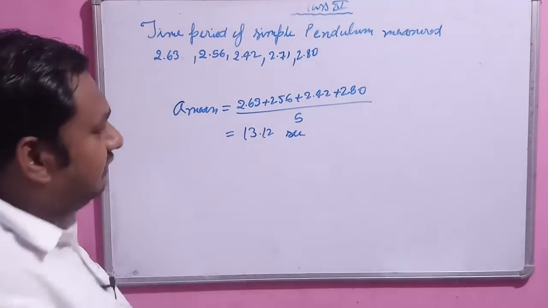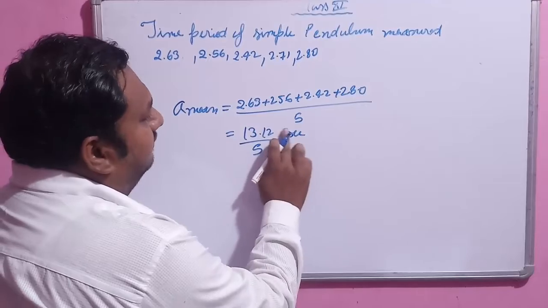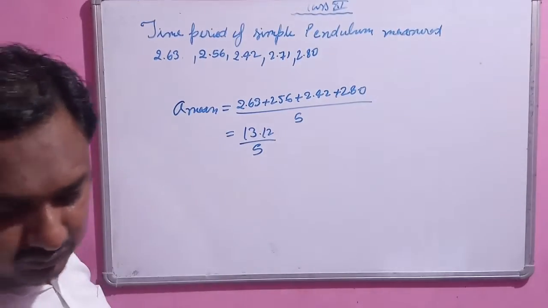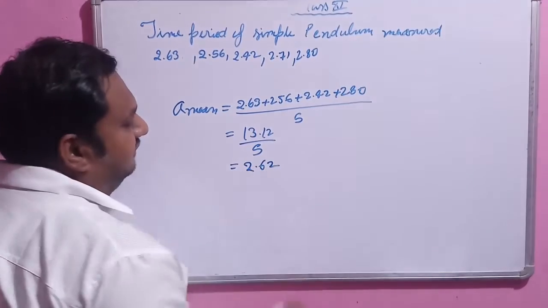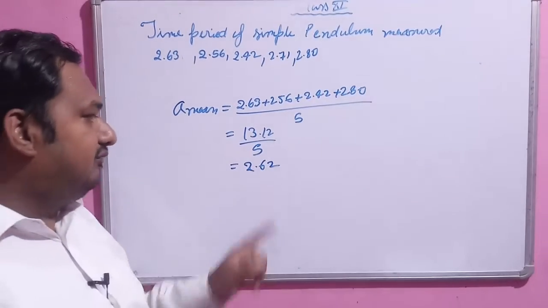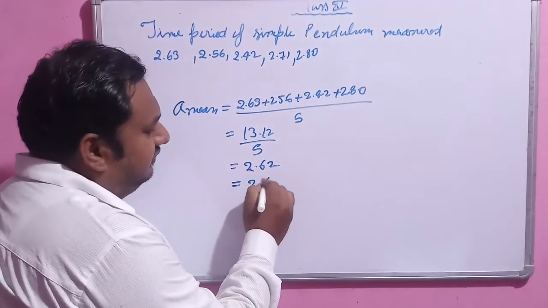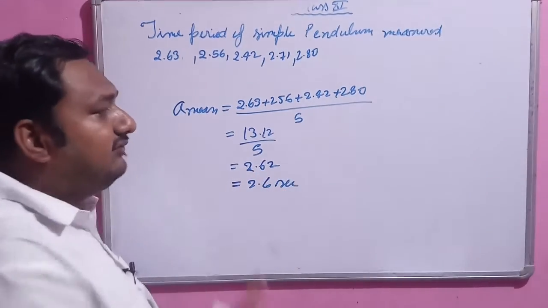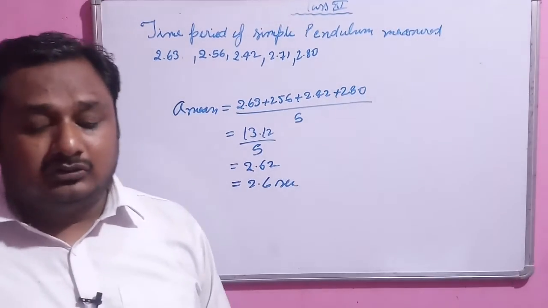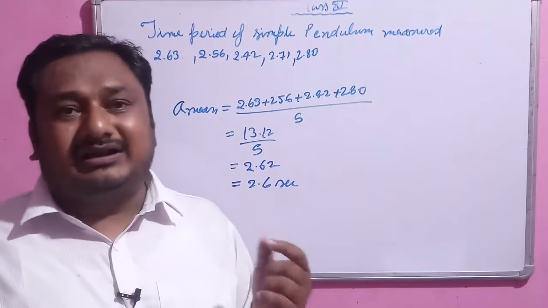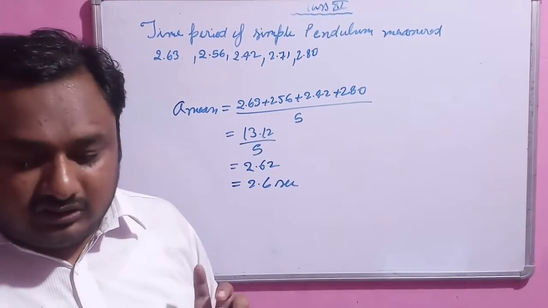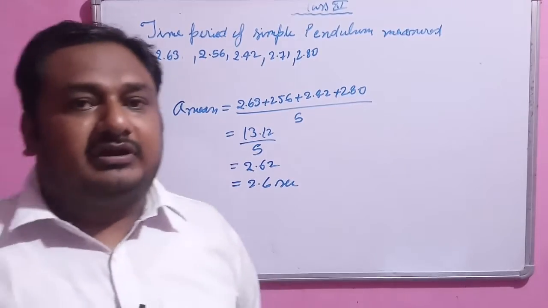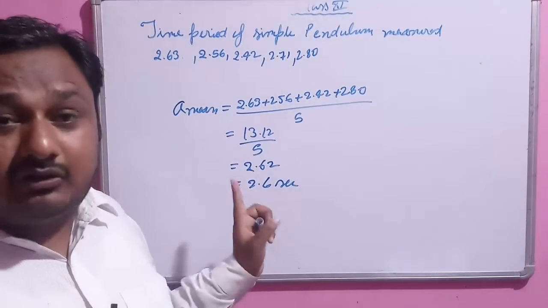Now 13.12 divided by 5 is equal to 2.62 seconds, and upon rounding off we get 2.6 seconds. That average value we can consider as the true value. So this is the mean or average value.